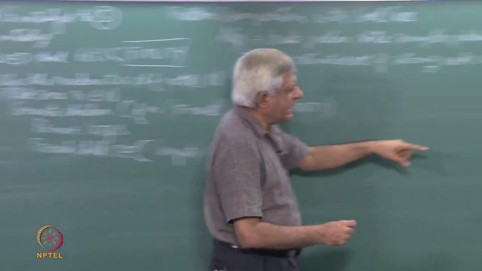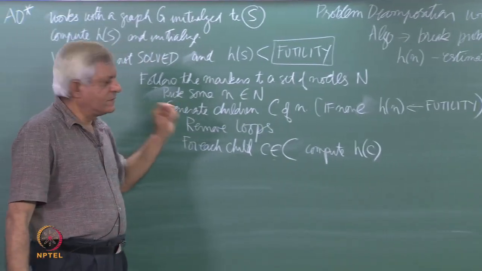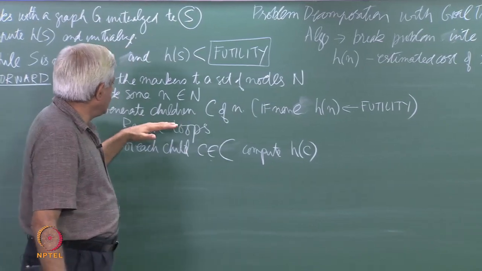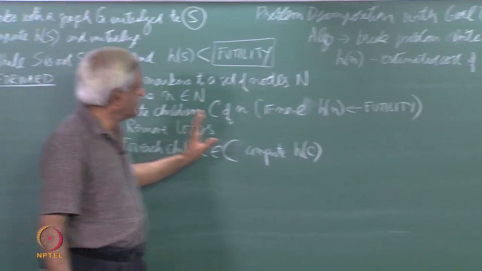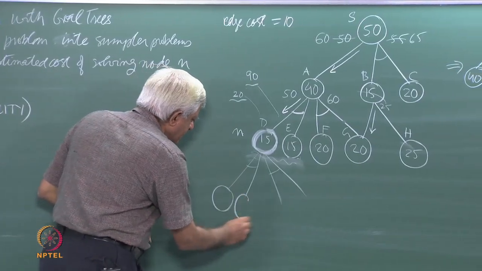So, in this example n is these two nodes D and E, then I say pick some node n from this set, I have picked D from there, and then generate the children of this C.